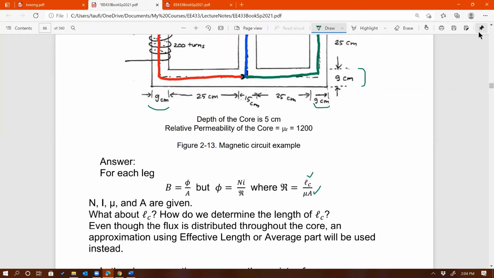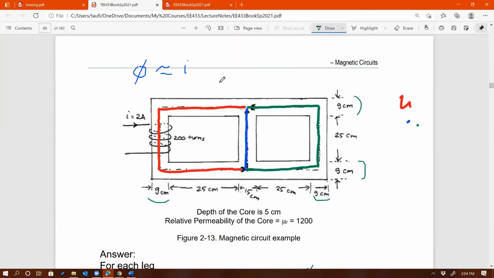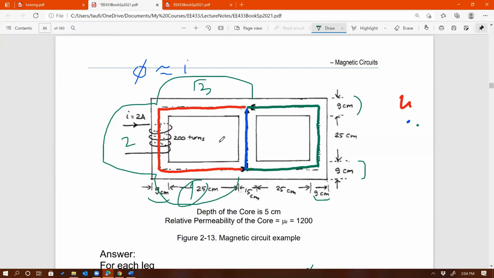Let's go back here. I'm looking at the segment on the left. The segment on the left consists of 3 smaller segments: 1, 2, and 3. You can see 1 and 3 are smaller segments, and they're the same length: 25 plus 9 divided by 2 plus 15 divided by 2, for the top and the bottom segments.